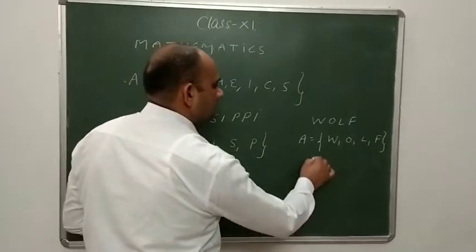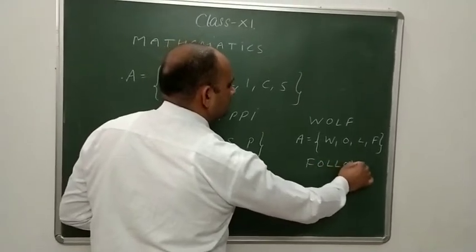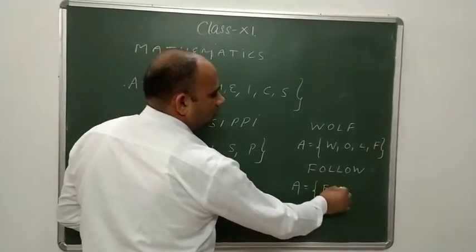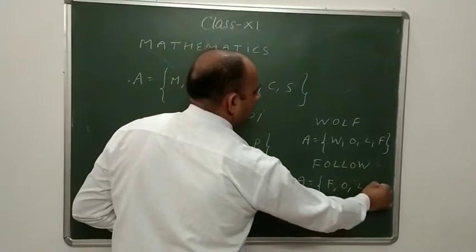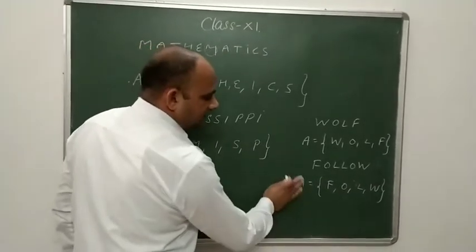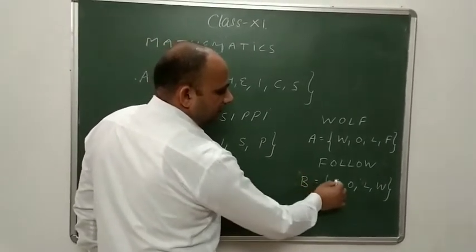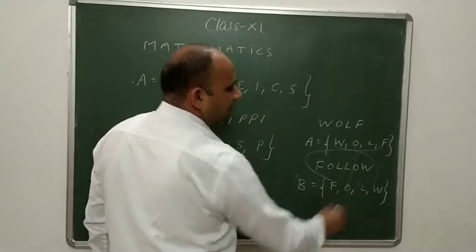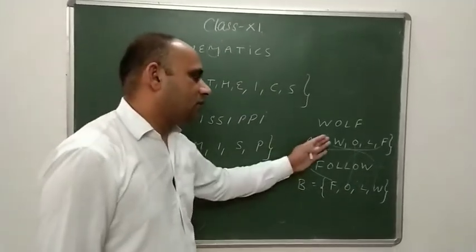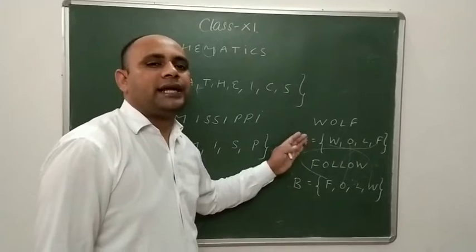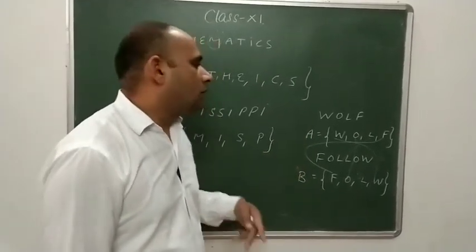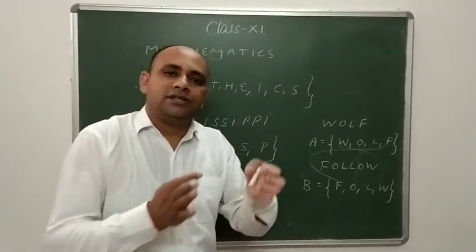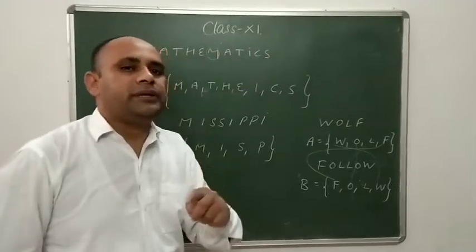If I write another set {F, O, L, W}, now you will check. I give it the name B: F, O, L, W. It means set A and set B have the same elements. Therefore set A and set B are called equal sets, also equivalent sets. So when you write any word in set form, don't repeat any alphabet.